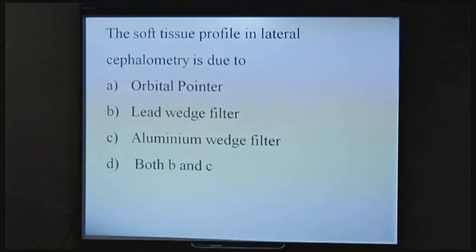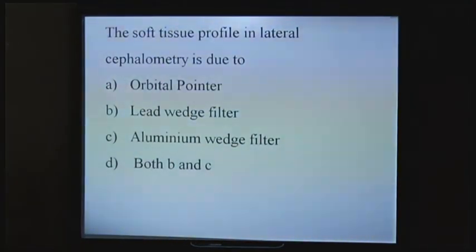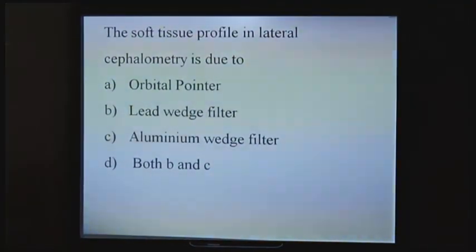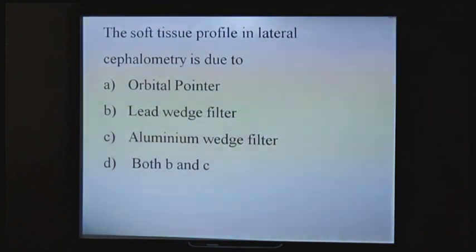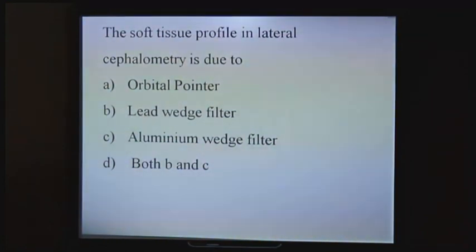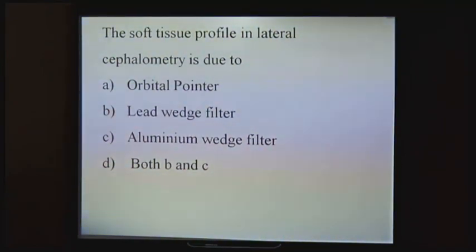The soft tissue profile in lateral cephalometry, why does it occur? One of the parts of this cephalometric machine is the cause why you have a soft tissue profile in a lateral ceph. What are the parts of your lateral ceph machine?